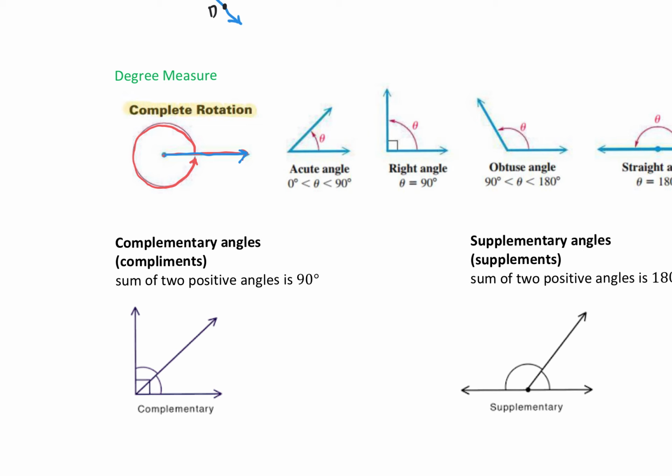So a complete rotation around, where you start at the initial side, go all the way around, and the terminal side is the same, would be a 360-degree angle.